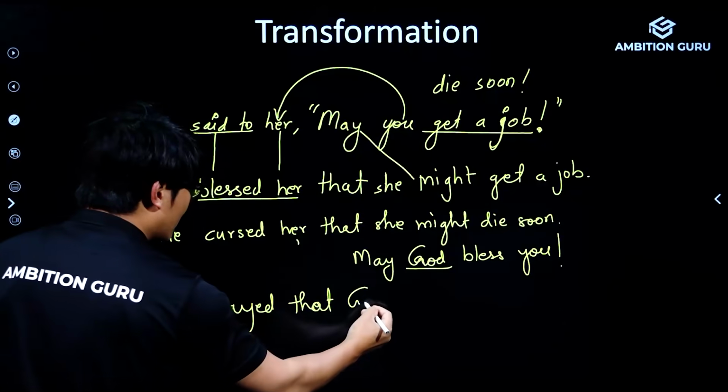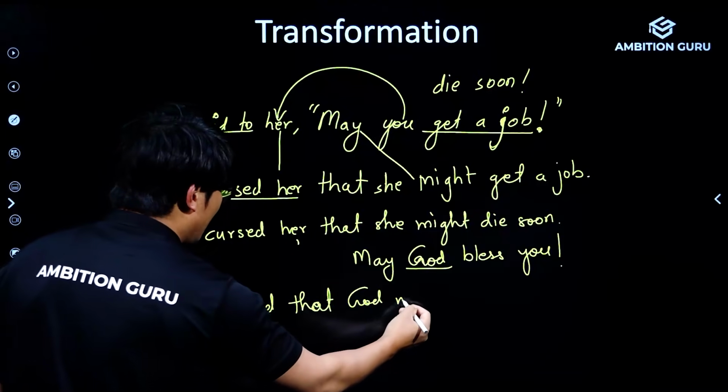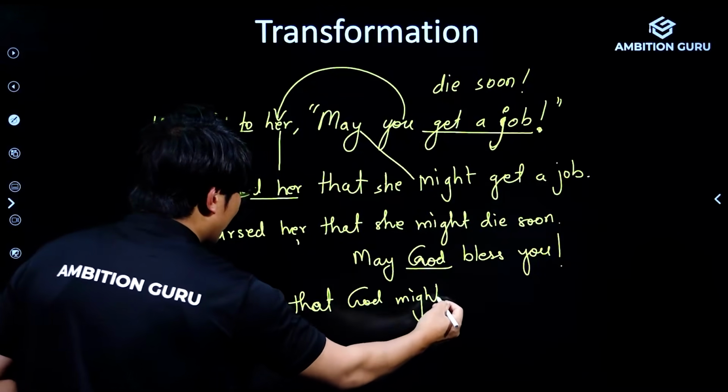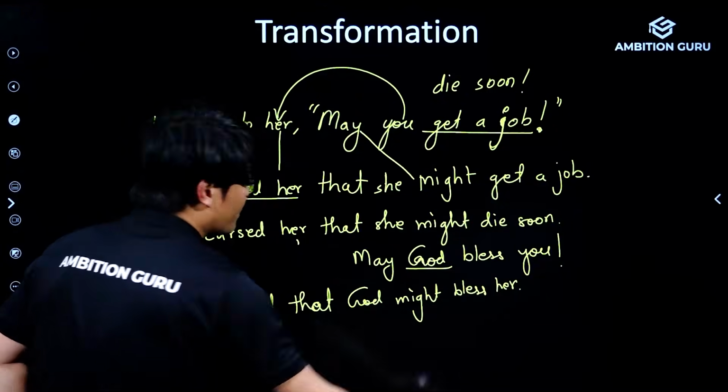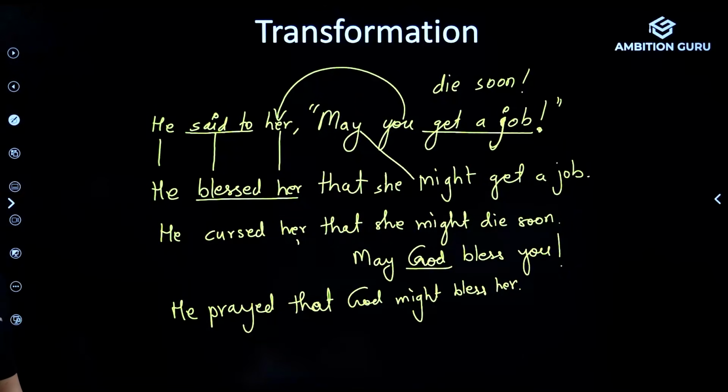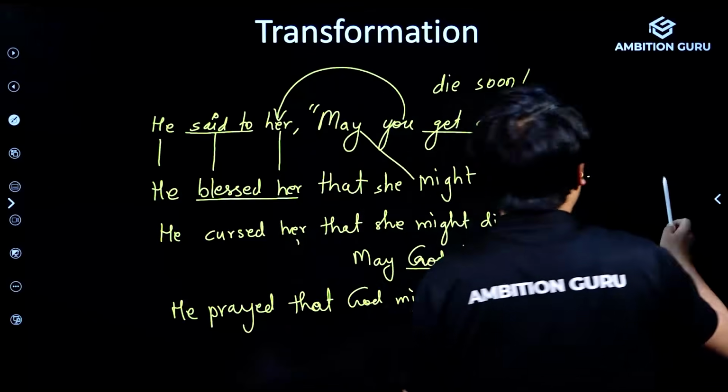He prayed that God may change into might, God might bless her. Bless her, like this. Prayed. Yeah, prayed to, or wish, not pray, prayed. Very good. Okay, thank you.